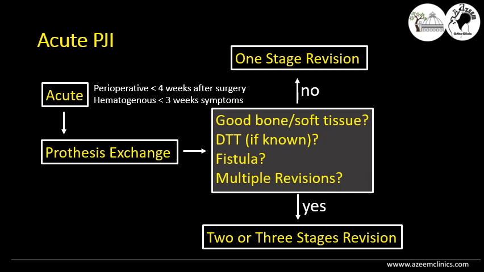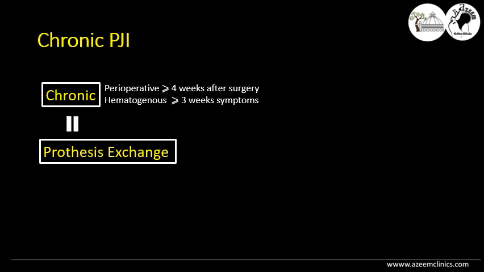If you don't have a fistula, that means aggressive infection or a bad soft tissue, and multiple revisions affecting the healthy condition of the soft tissue, go for 1 stage. If any of these are yes, go to multiple staged revision, either 2 or 3 stages.